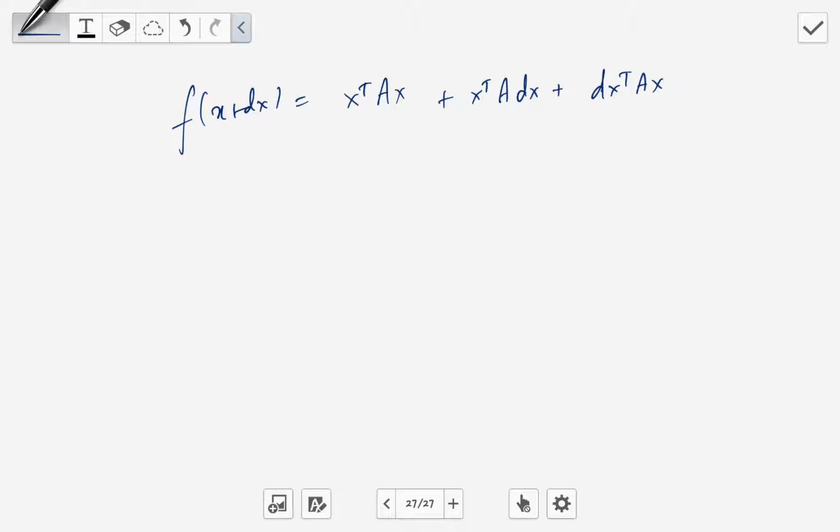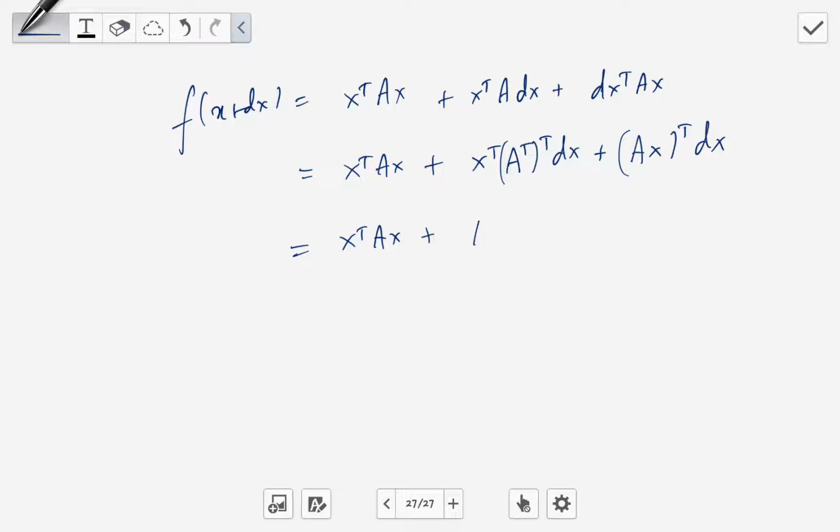Now let us write it in a different way. I will write it as A transpose x transpose, A transpose whole transpose dx, plus Ax transpose dx. Can I write? Sure. Fine. Now I will write this as x transpose Ax plus A transpose x transpose whole transpose dx plus Ax transpose dx.